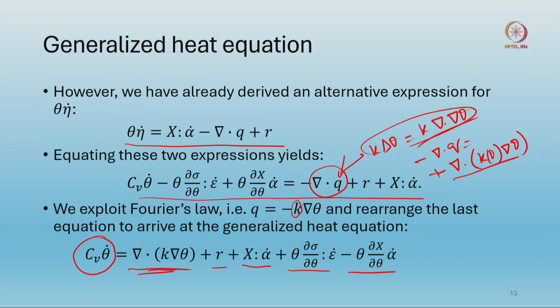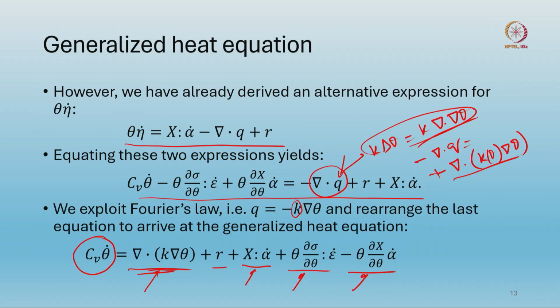Each one of these terms, especially this and this, have profound physical meaning. In fact, this term has also got a profound physical meaning, but we have discussed that some time back. It actually tries to flatten the undulations in an initial profile of theta.